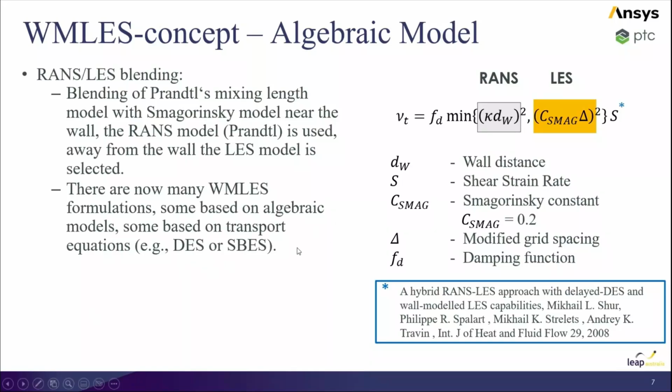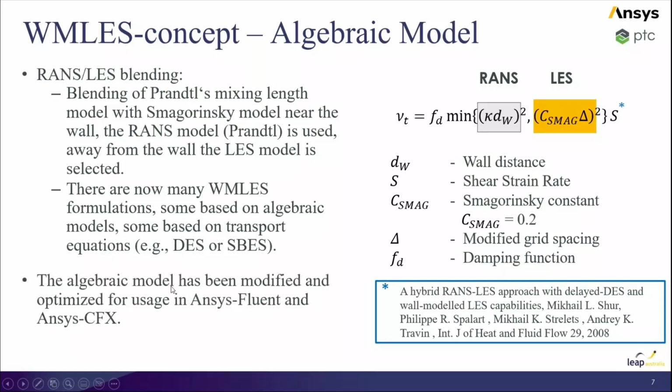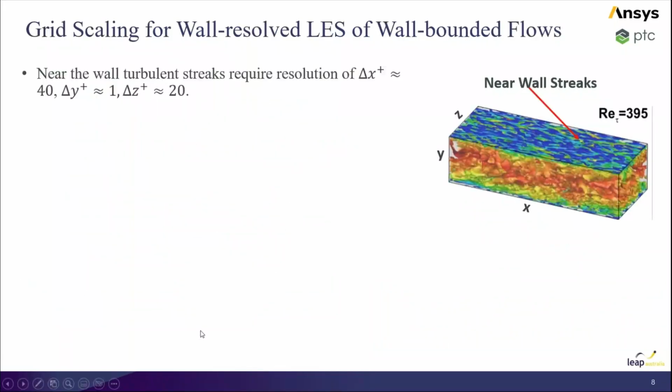So that's really saying, let's take the best model and apply it in each region. We've got plenty of these algebraic models sitting in CFX and Fluent, and we've also got the SBES model available now. So just a little bit of background before I move to the next slide.